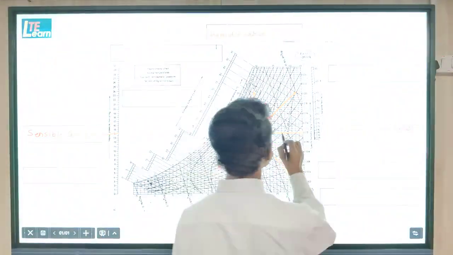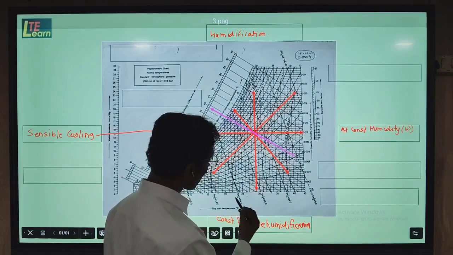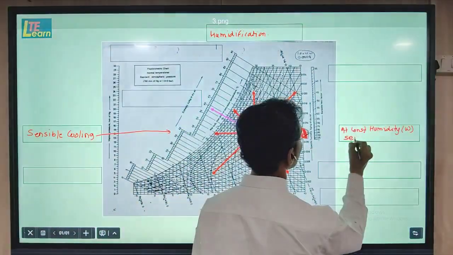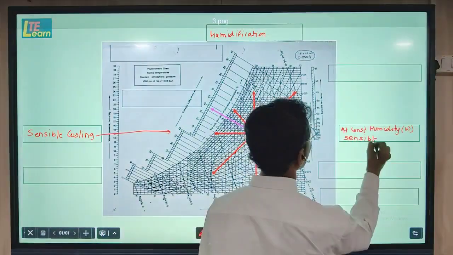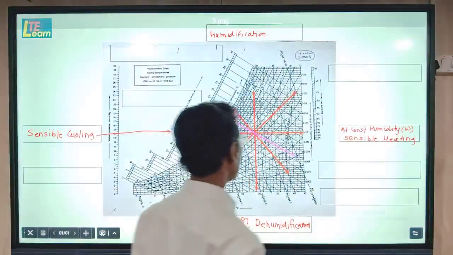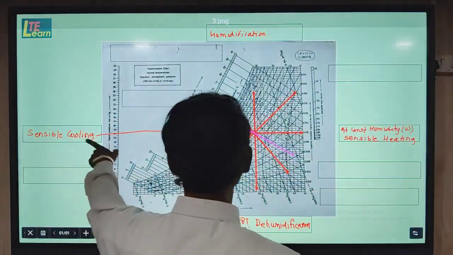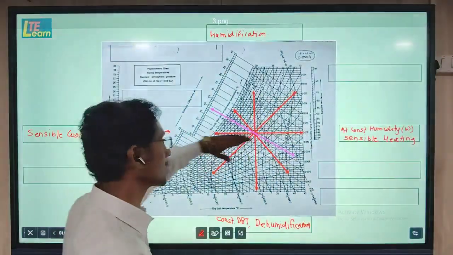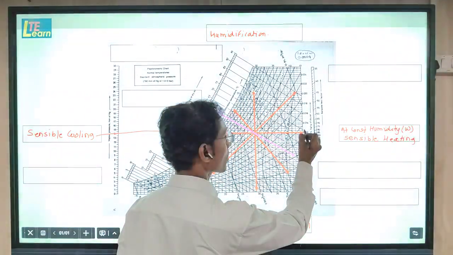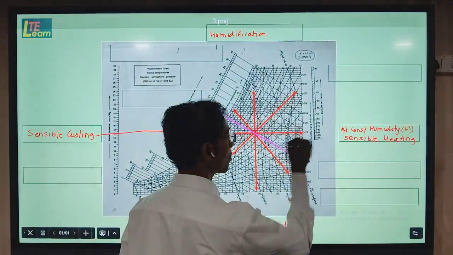And on the right side, the dry bulb temperature is increasing, so this process is called sensible heating. In both sensible cooling and sensible heating, there is no change in humidity. It should remain constant.